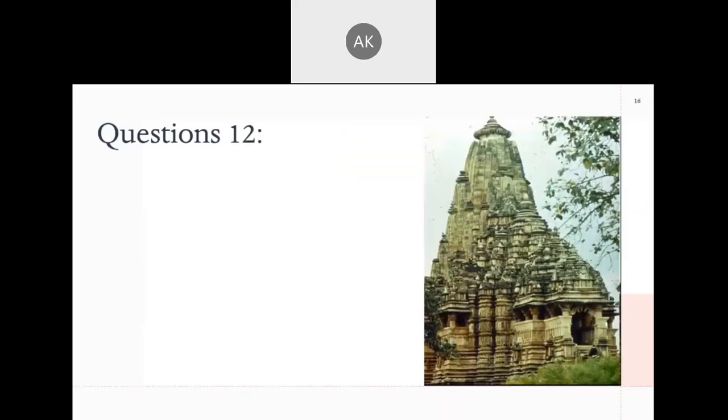Okay, identify this temple structure. What, Mahabodhi temple? No, it is not Mahabodhi. Okay, someone is saying Brihadeshwara temple.